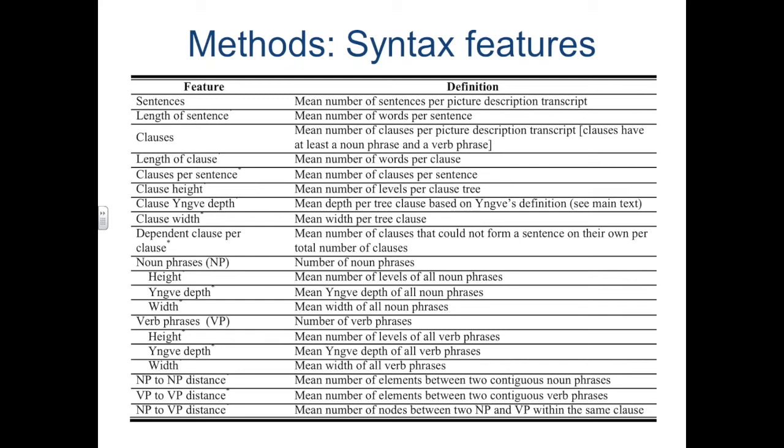So things like sentences, number of clauses, number of noun phrases, and number of verb phrases. But then we had other features that really said more about the syntax complexity of the speech produced. So things like the height of the clause, and I'll show you what we mean by height and by width that you'll see here. The idea that you can have a distance between noun phrase to noun phrase and noun phrase to verb phrase, and so forth.